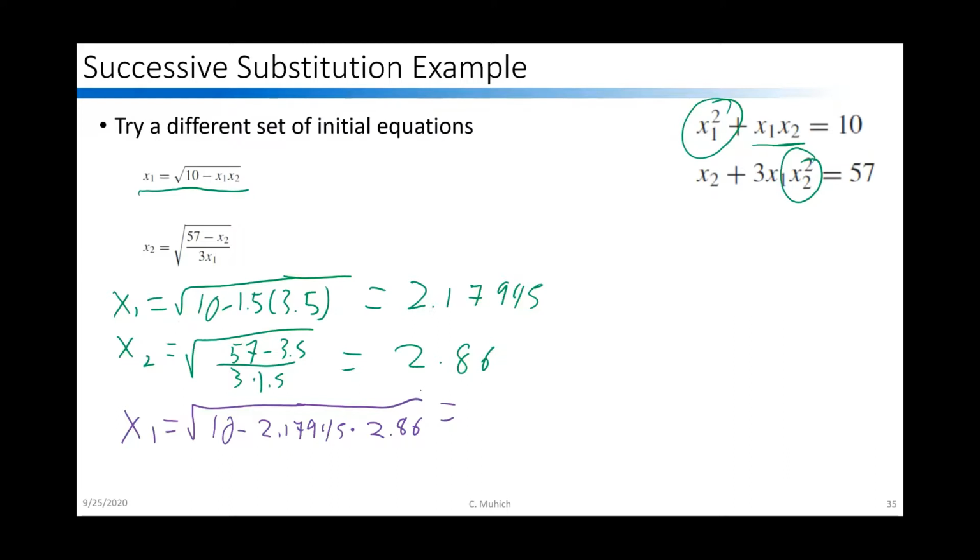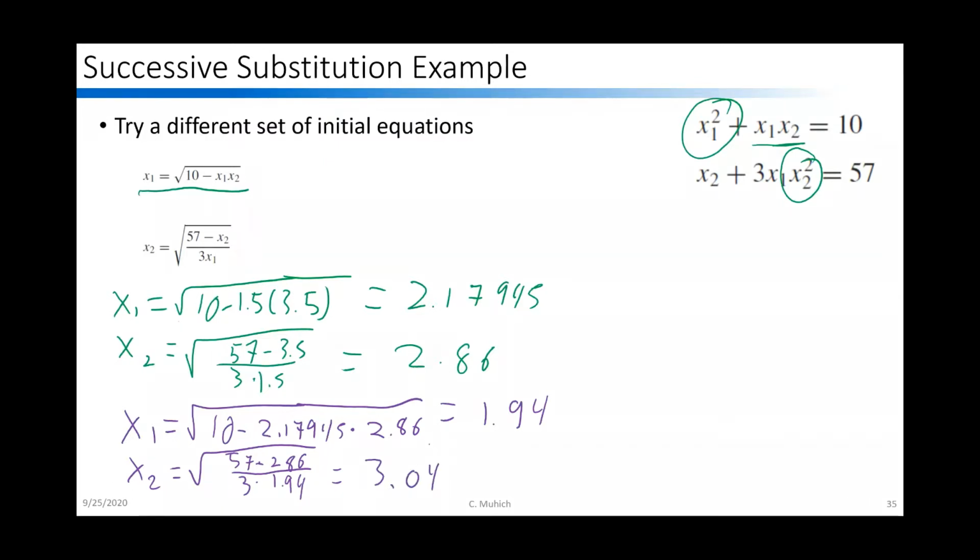When I put this together, I get 1.94. Now if I do the same thing for x2, 57 minus 2.86 over 3 times 1.94. My next round for x2 is 3.04.